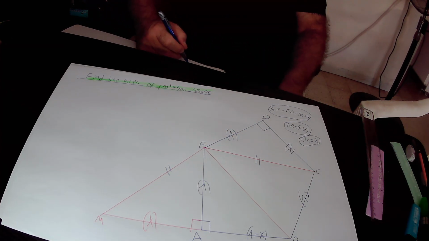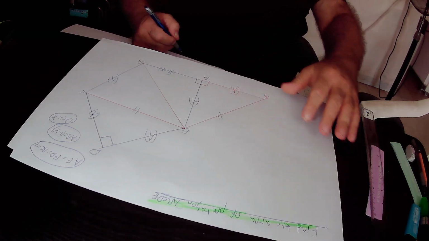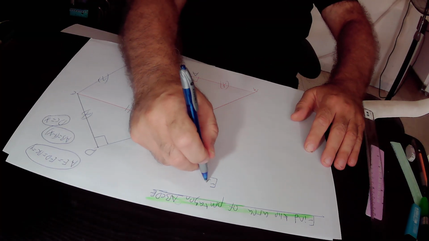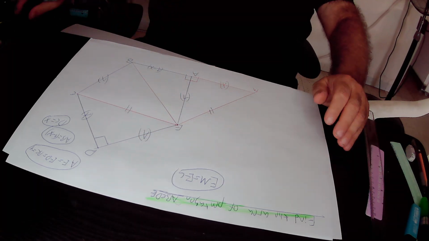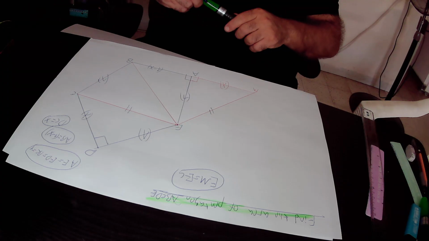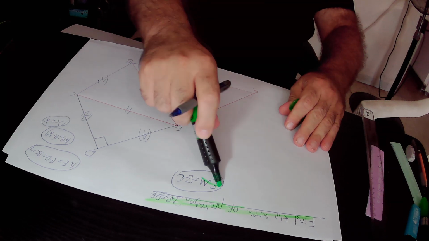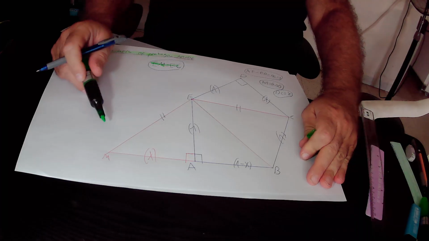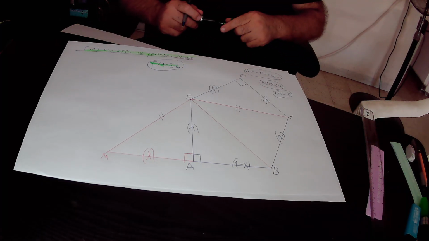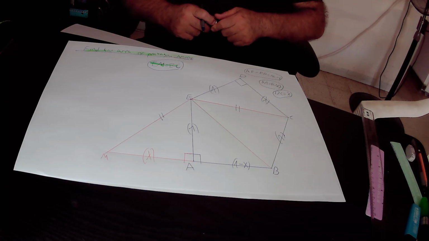So write it down: EM equals EC, according to the rule that corresponding sides in congruent triangles are equal to each other.